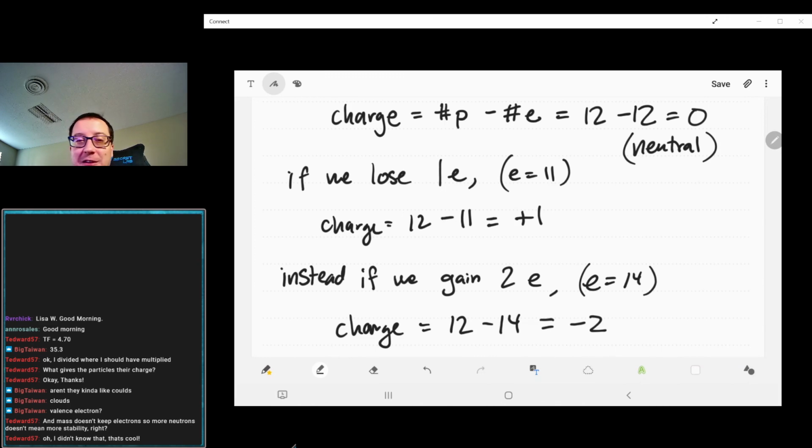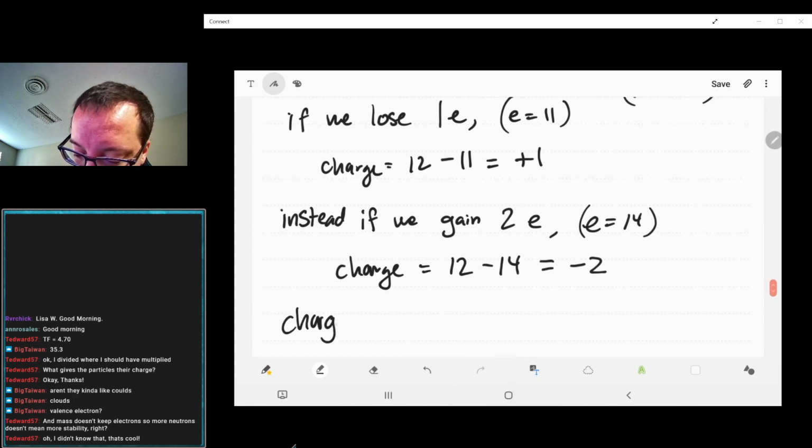So we're going to see that the charge of your atom is determined by the number of electrons you have. And electrons are kind of mobile, so they can leave, or arrive from a different atom, and so we can end up having charged species as well.